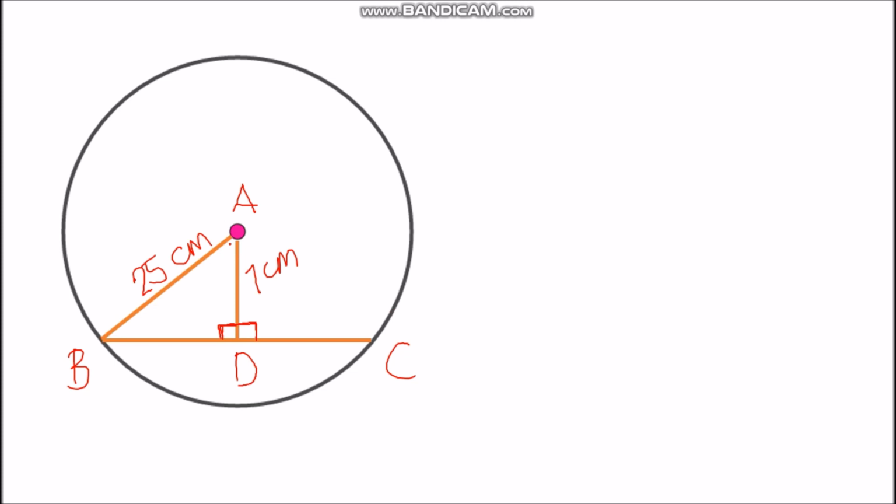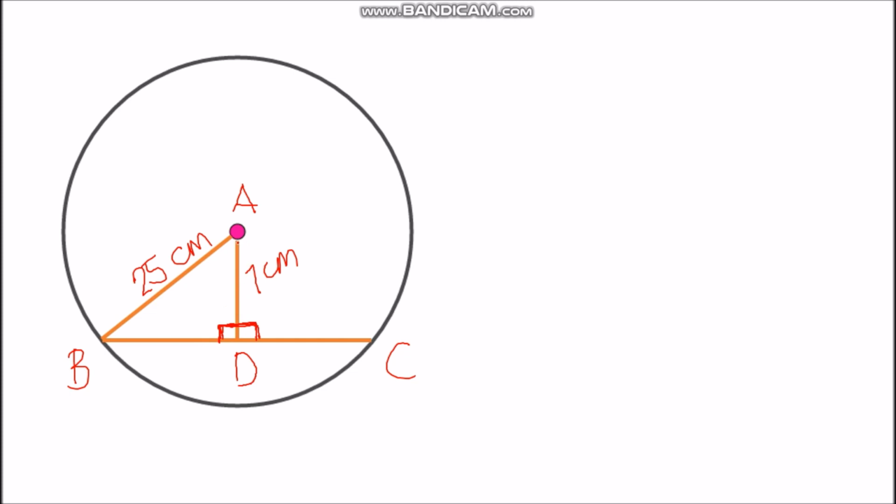Now after drawing the radius, as you can see here, we already formed a triangle, which is actually a right triangle, since segment AD is perpendicular to the given chord BC.